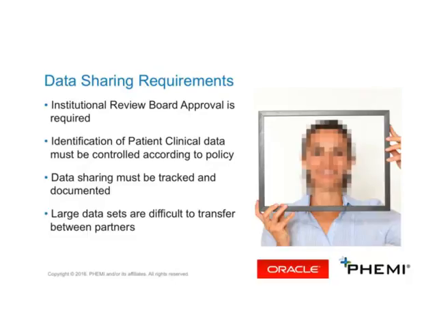You also have to track and document who you're sharing data with, where it's going, but also it's very difficult to transfer data, especially large data sets. It's a little bit like that game of telephone where the first person in a long string comes up with a sentence and then whispers it in the ear of the next, and it gets passed down the line. And by the last person, it's very different from the first.